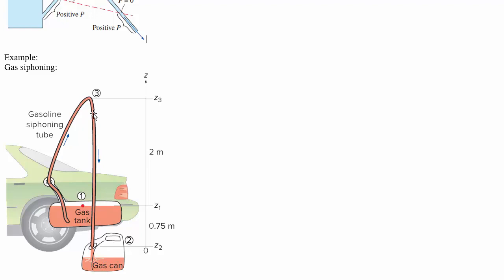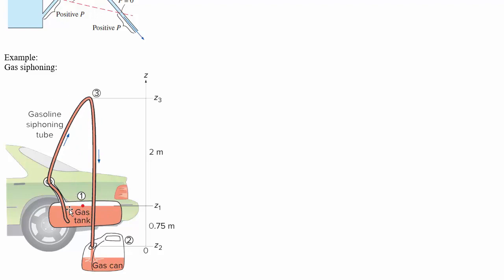Now, you do have to worry about cavitation. So this can cause a problem, especially at the highest point here, if the pressure drop from all this elevation rise is causing the pressure to go low enough that the constant liquid phase of this thing along the siphon line breaks up. For that, we're going to need to figure out what the pressure is at the top and see if it is below the cavitation pressure of the gas.